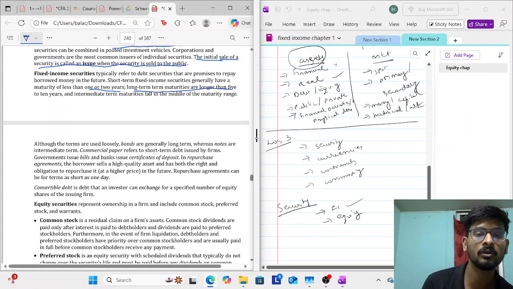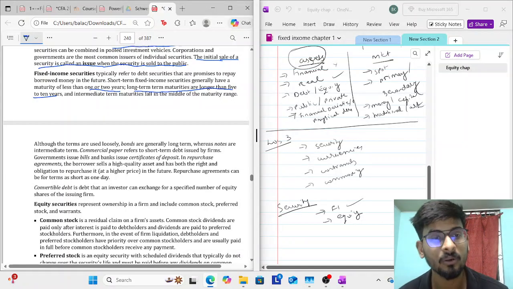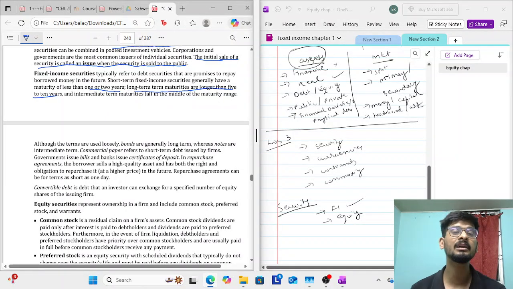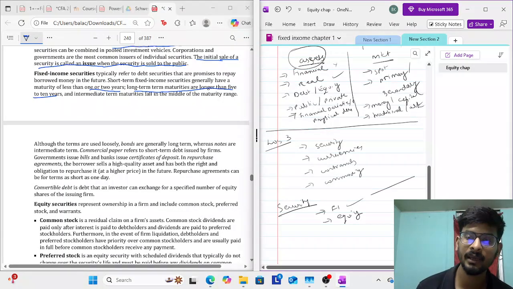Long-term maturities are more than 5 years only. Intermediate-term maturities fall in the middle of the maturity range. So there is a number line: 1, 2, 3, 4, 5.